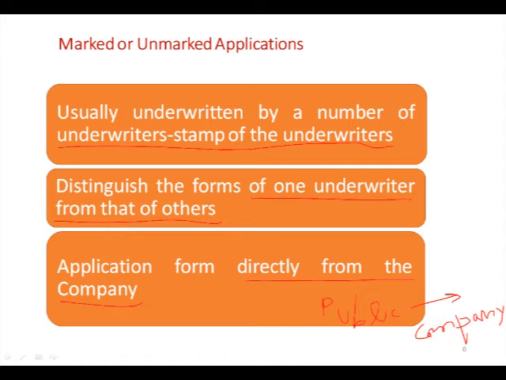So there may be two cases. Even with a single underwriter, the applications will be marked, to distinguish between marked and unmarked, and this is also used for distinguishing the forms of one underwriter from that of others.